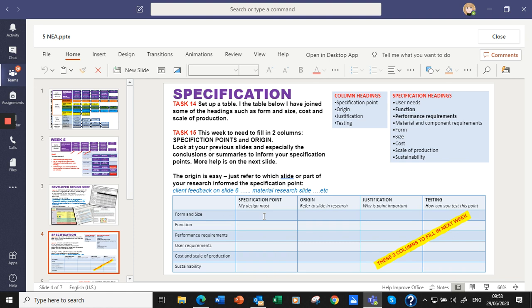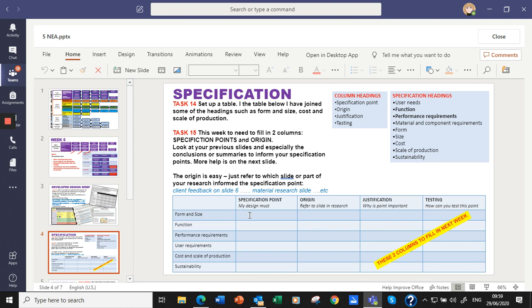So you can say, my design must be 500 by 500 millimeters maximum, because this is the size that's available after looking in my research at the area where it would go.